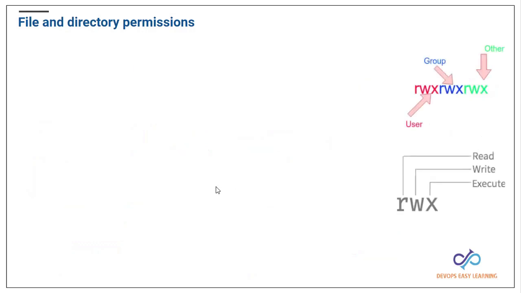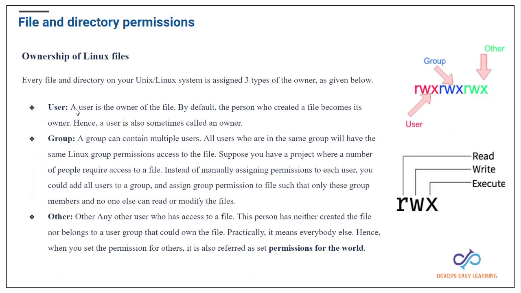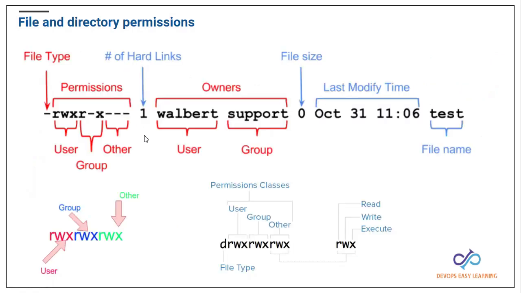That is what I just mentioned. Ownership in Linux: we have a user, we have the group, and others. As we explained earlier, the first portion is the permission of the user that owns the file.